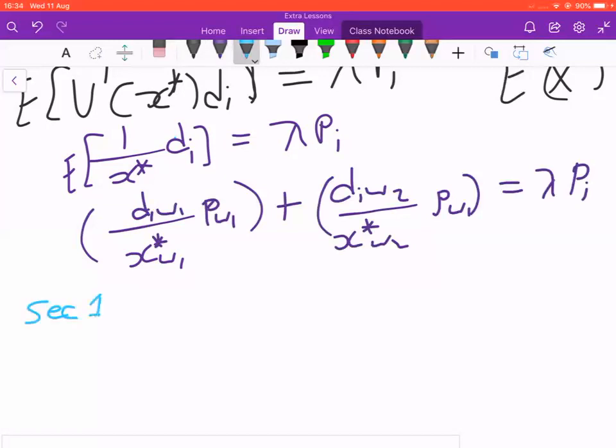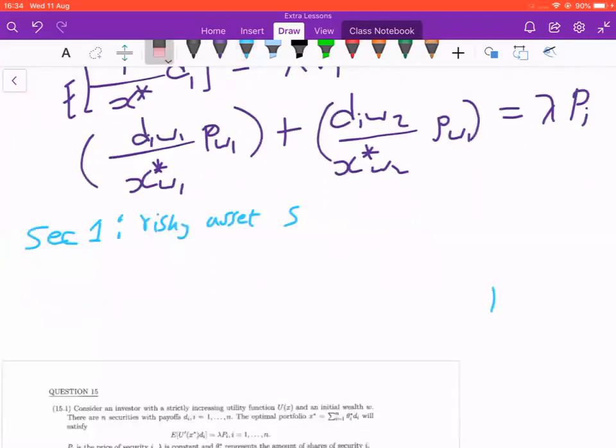So for security one, which is going to be risky asset S, the payoff for state one is going to be 200 rand.